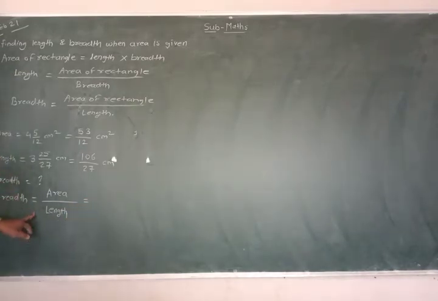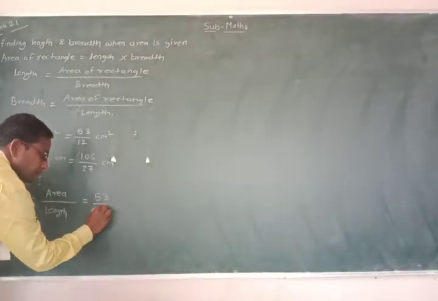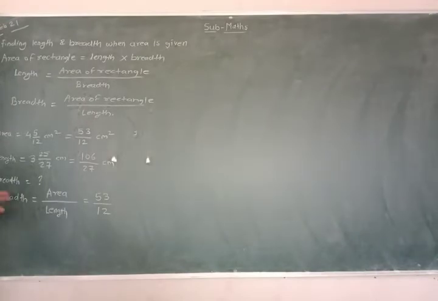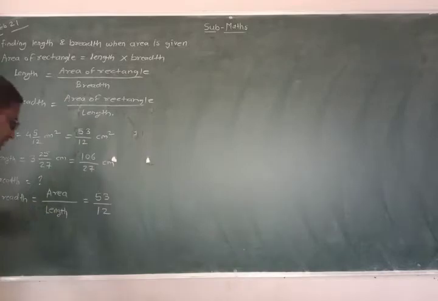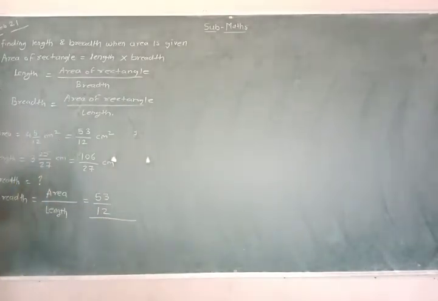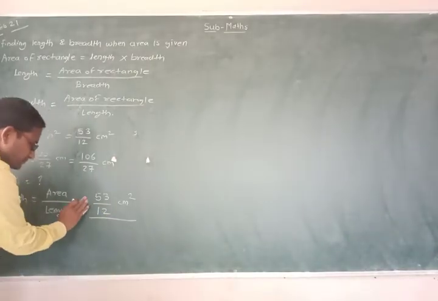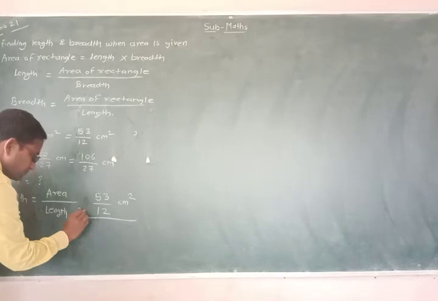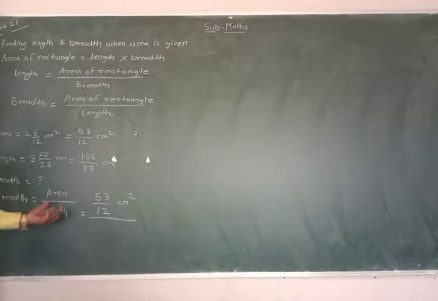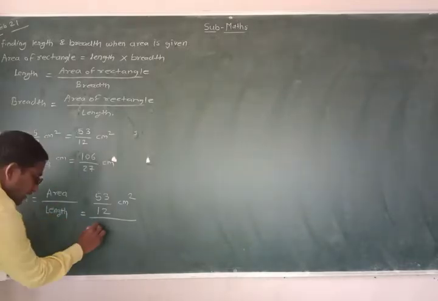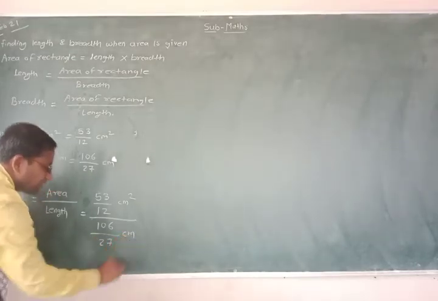We substitute the values. Area is 53 upon 12 centimeter square, written in the numerator, and then length is 106 upon 27 centimeter in the denominator.